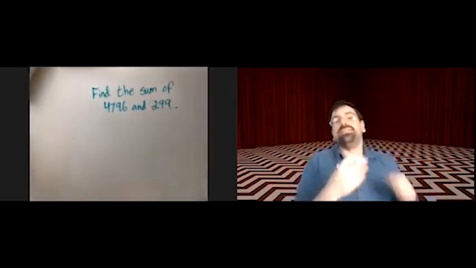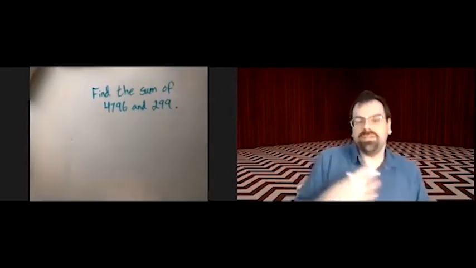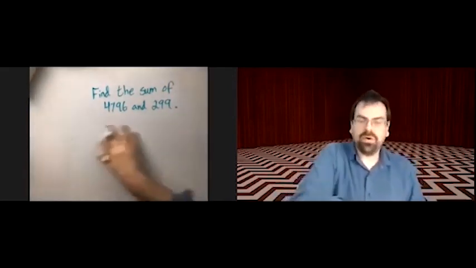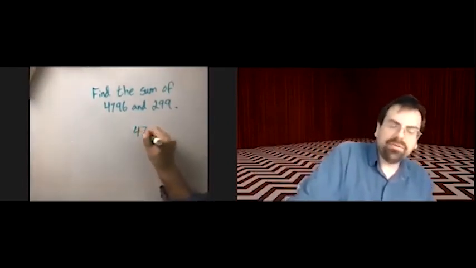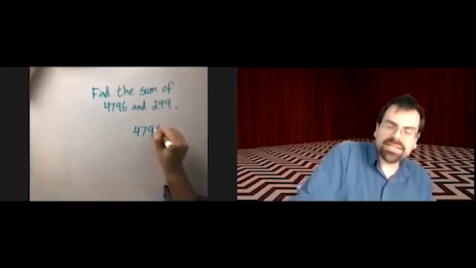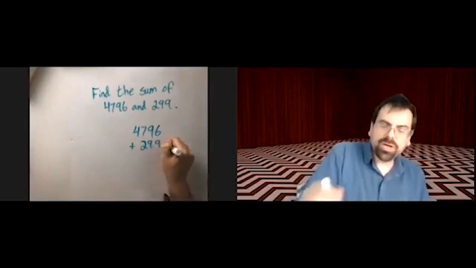It's going to be a find the sum of problem. But we know the sum is just what we call the answer when we add. So how do we find the sum? It's just telling us to add 4,796 plus 299.